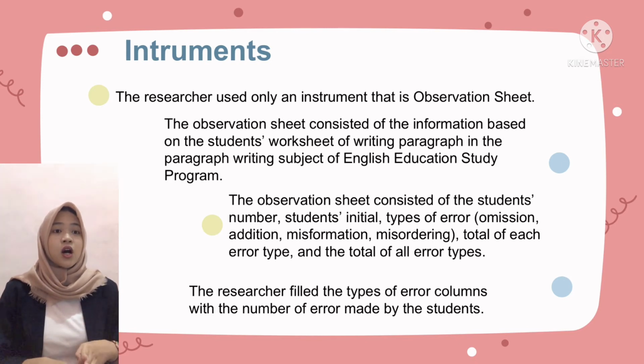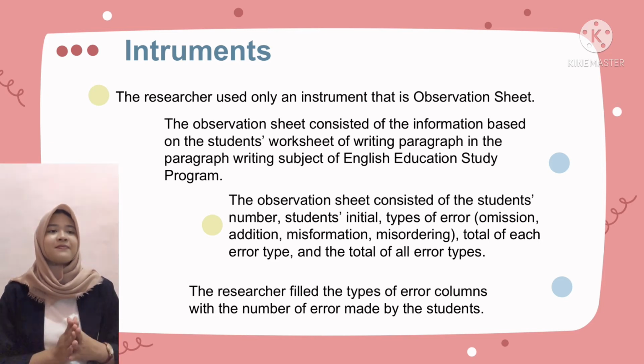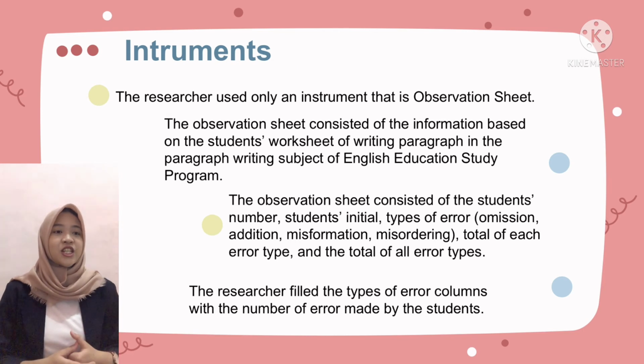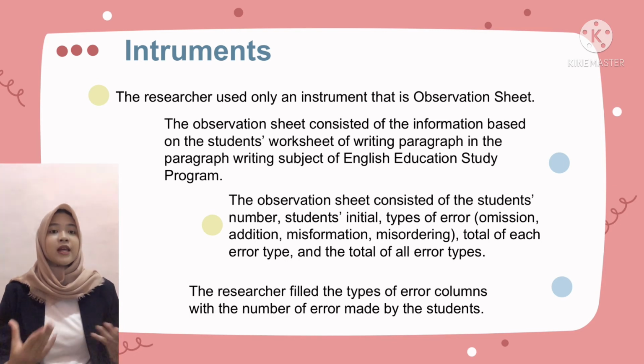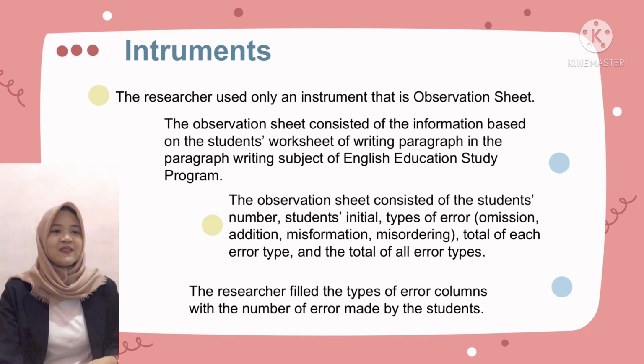Then the total of each error type, and also the total of all error types. Then the researcher filled the types of error columns with the number of errors made by the students. Right, go on to the data collection.